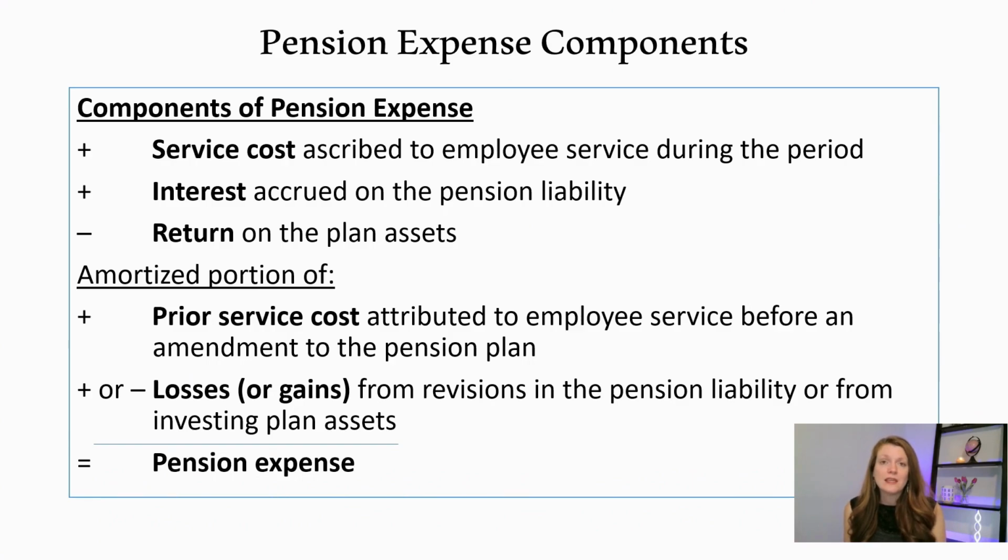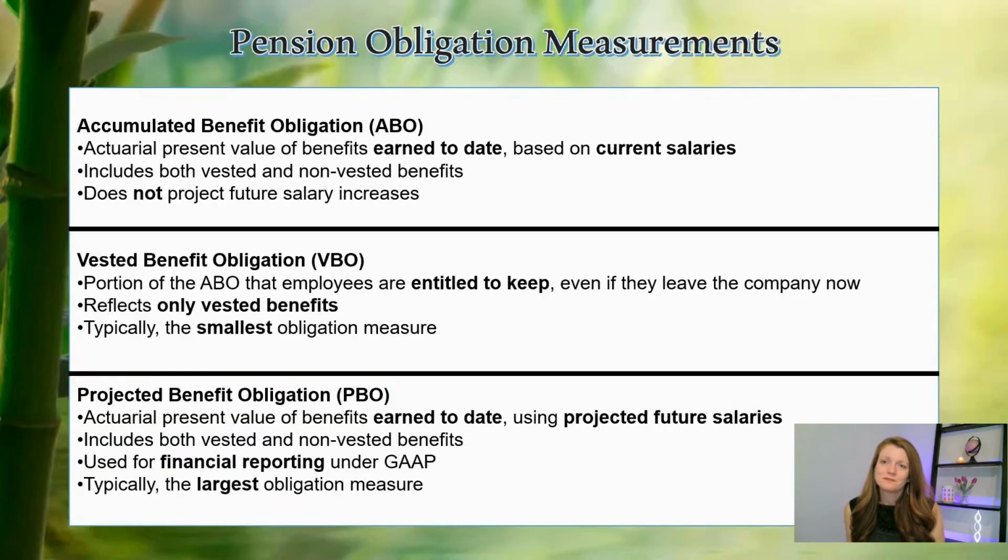And there can also be gains and losses from revising the pension liability. Again, if the pension liability goes up or down, or if the plan assets return is higher or lower than expected. So there is a lot that goes into the pension expense. And right now it's just a bunch of words, but we're going to jump into all of the details, some in this video and some in future videos.